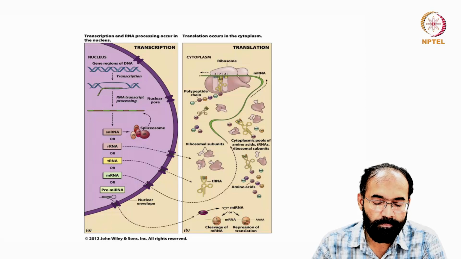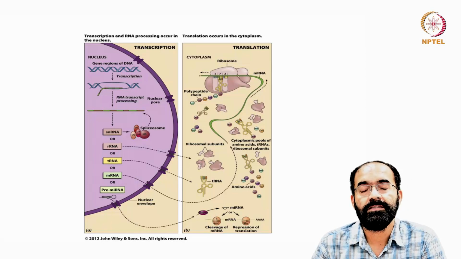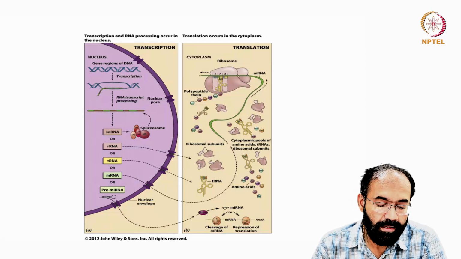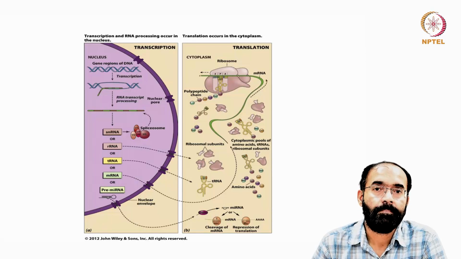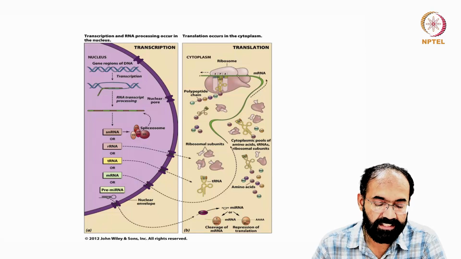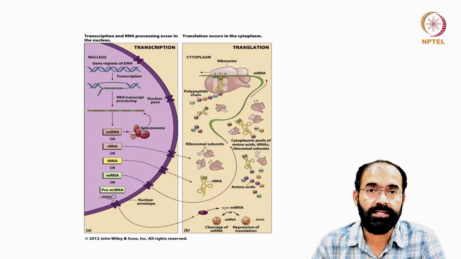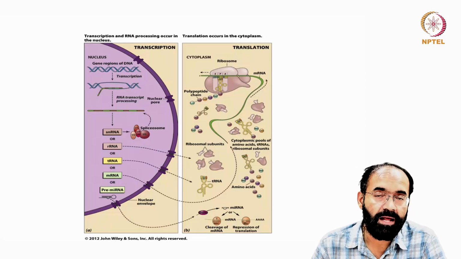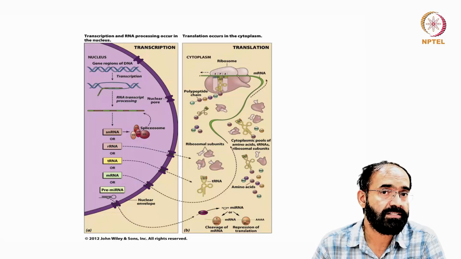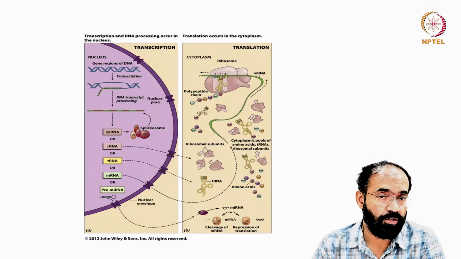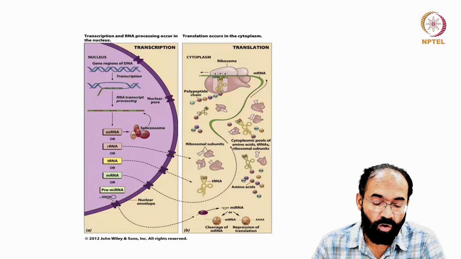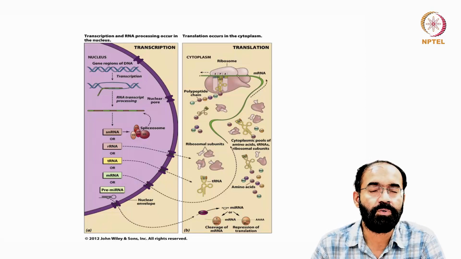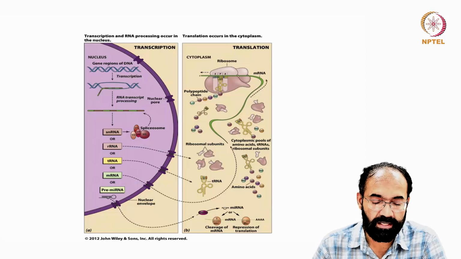So the nuclear pore is quite a stringent way. In a systematic manner, the nuclear pore complex functions to regulate the movement. Any mRNA present in the nucleus cannot go to the cytoplasm unless it passes the test of the nuclear pore complex. We will see more about that in detail in the subsequent classes.